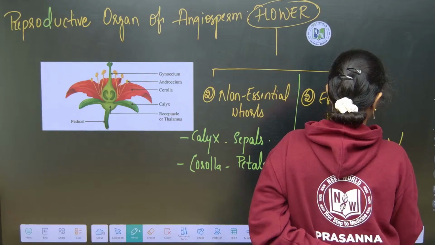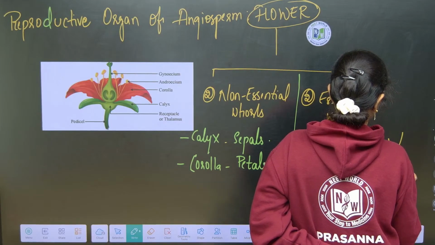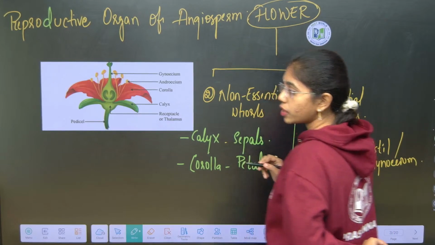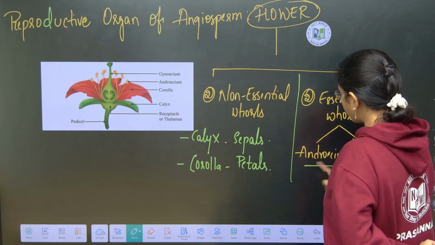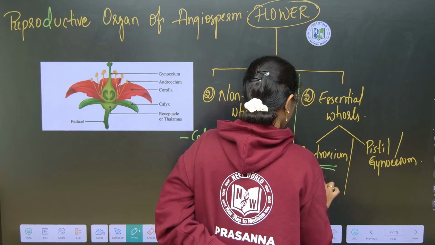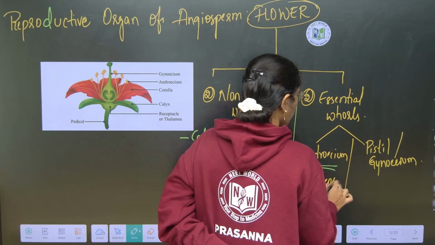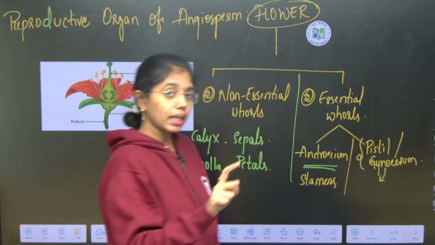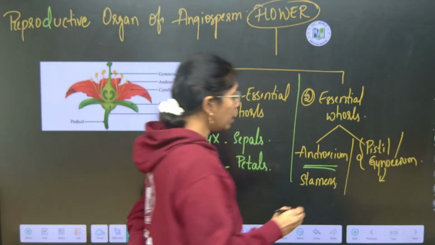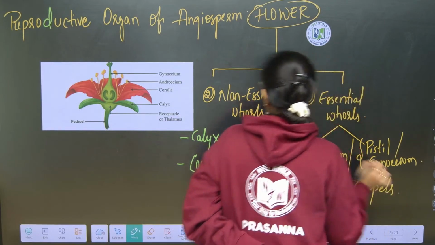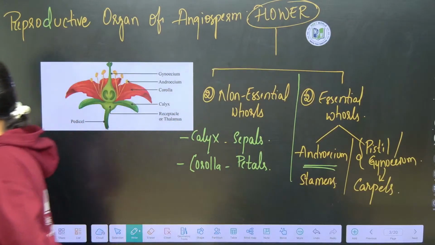Androecium consists of stamens. Gynoecium or pistil consists of carpels. It can be a single carpel unit or multiple carpel units. This is the basic description of a flower.